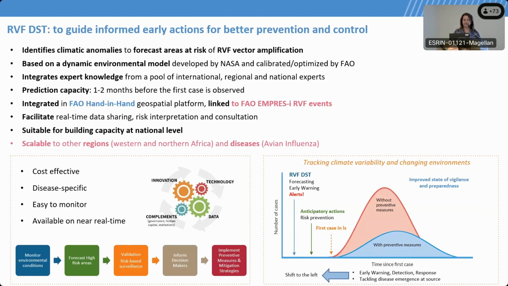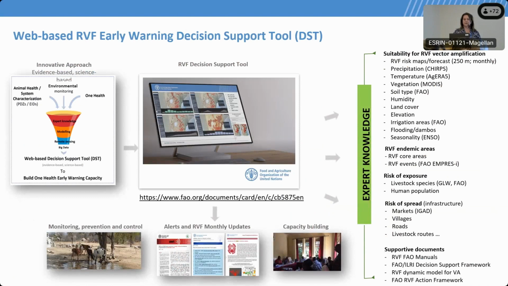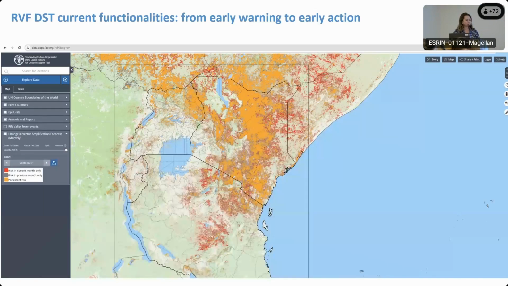It has been designed to be scalable to other regions and also diseases, and now we have a prototype for avian influenza as well. So on the right side, there are all the risk factors that are available on geospatial domain in the tool, from the environmental side and also the socio-economic part, including animal mobility. We are moving on that domain as well.